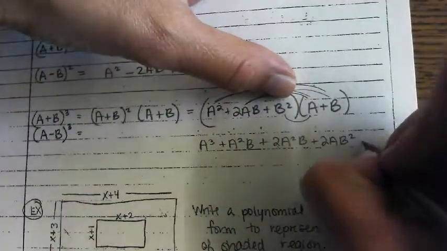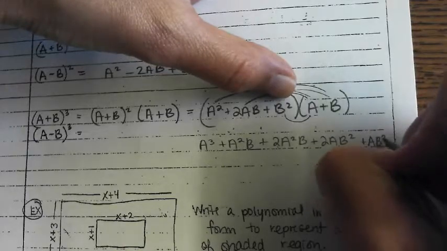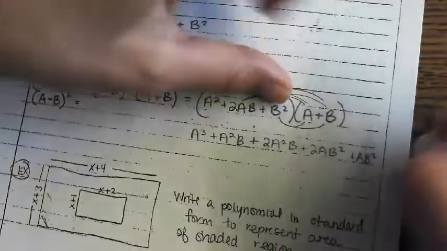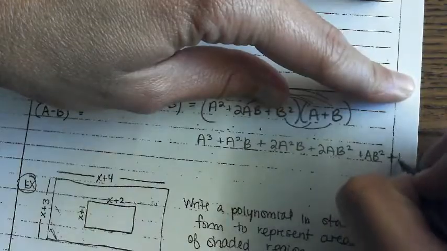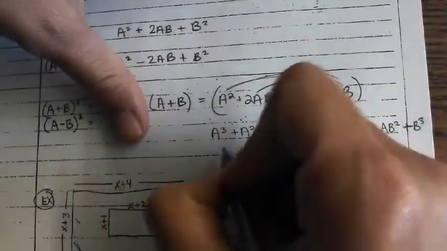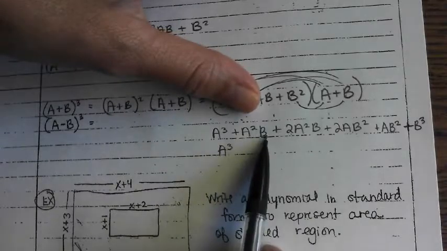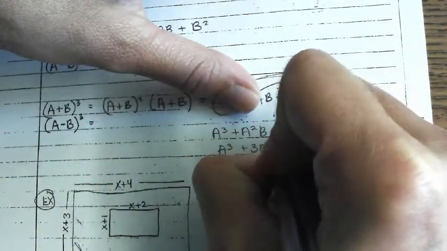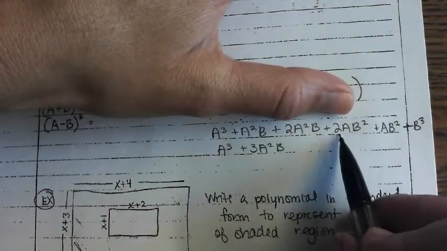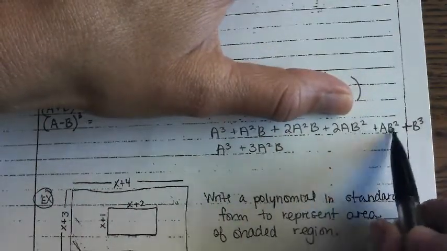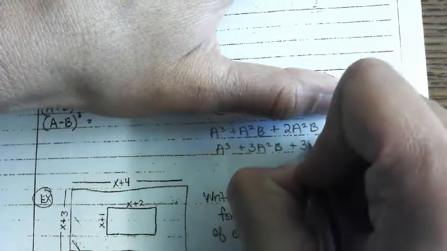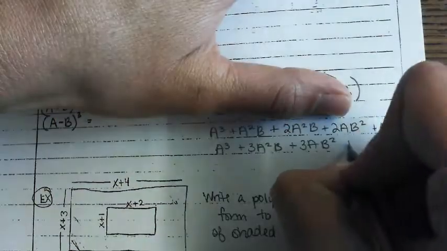Plus ab squared plus b cubed. So when you go to combine like terms, I've got a squared b plus 2 of them. That's 3a squared b's. I've got 2ab squared plus 1ab squared, so that's 3ab squared plus b cubed.